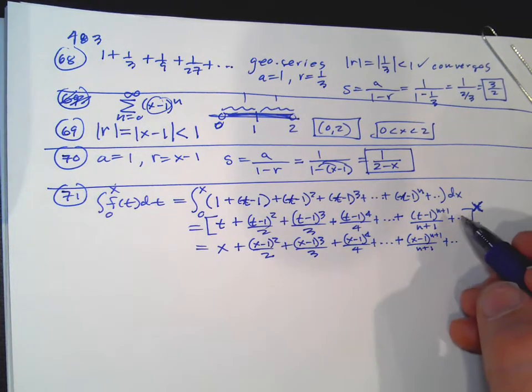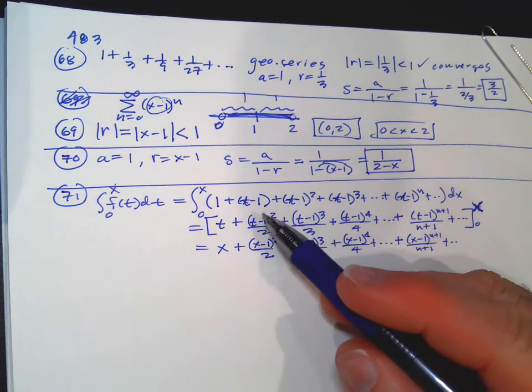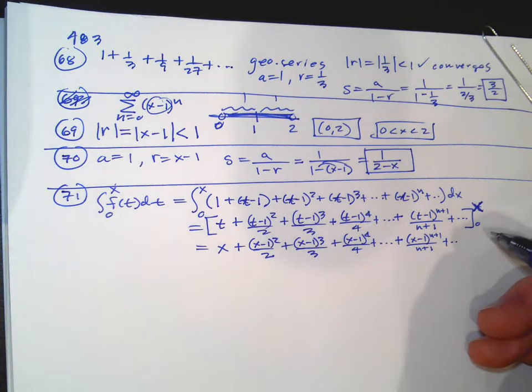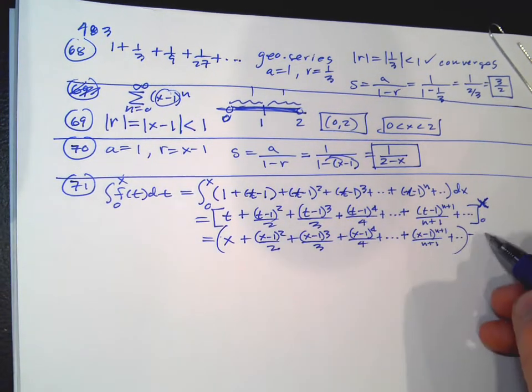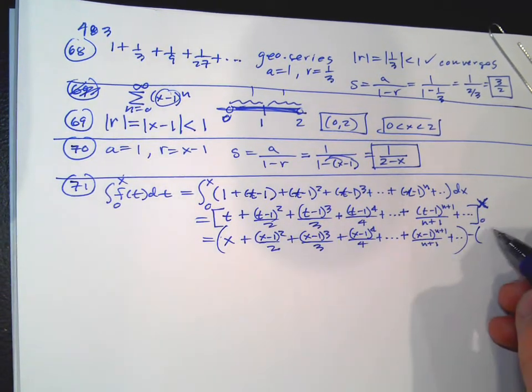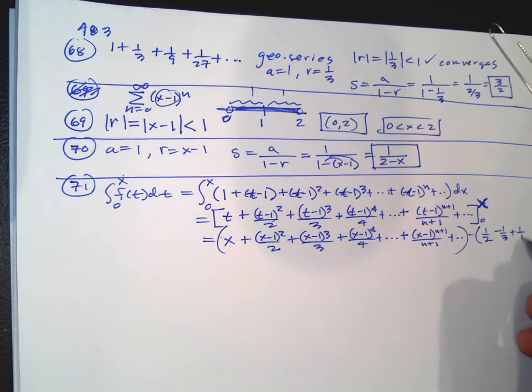If you plug 0 in for all the t's, you're going to get a bunch of little fractions, right? I don't know if I'm doing this right. You can get 1/2 minus 1/3 plus 1/4 minus 1/5, dot, dot, dot. Okay, let's see if we can figure this out.